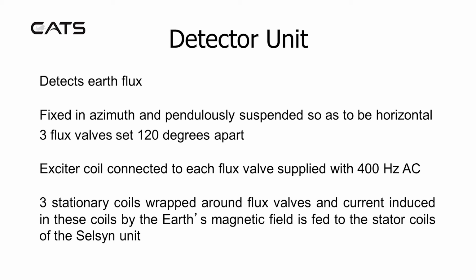An exciter coil is connected to each flux valve and supplied with 400 Hz alternating current. 3 stationary coils wrapped around the flux valves, and current induced in these coils by the Earth's magnetic field is fed to the stator coils of the Selsyn unit.